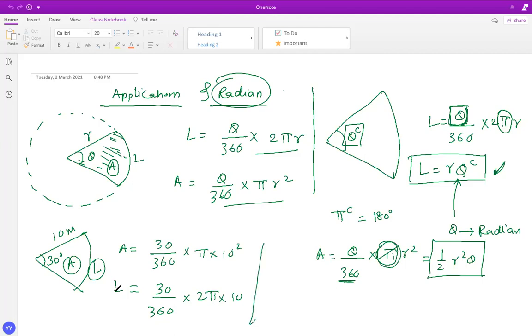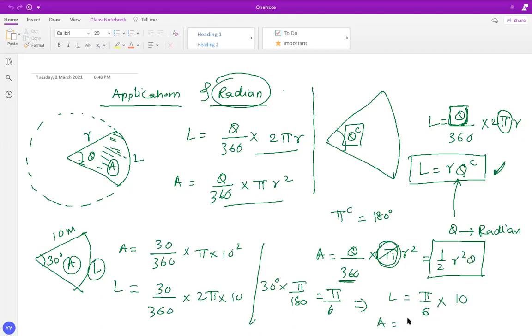Now if you want to do it in radians, 30 degrees converted to radians is 30 times pi by 180, so it is pi by 6 radians. The length of the arc is r theta, which is pi by 6 times 10.